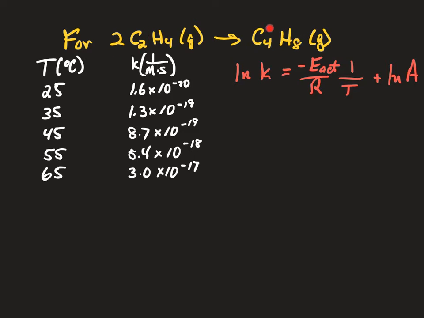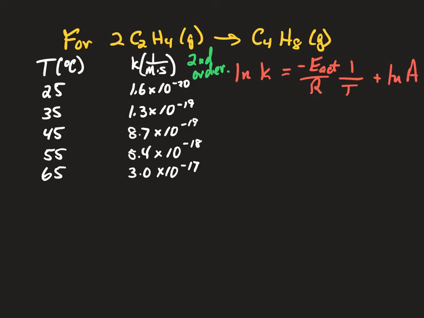Ethylene dimerizing to make butene, at different temperatures, and they've determined the Ks. Note, we can tell from the units of the rate constant that this is a second order process. We should be able to tell that just by looking at the units of the rate constant.